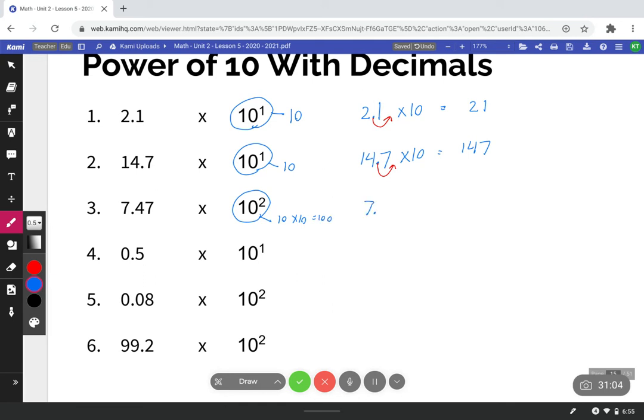So 7 47/100ths times 100. I'm going to move the decimal place over 2 places because look, we have 2 zeros. 1, 2. So I'm going to move the decimal place over 2 place values. 1, 2. That answer is going to be 747.